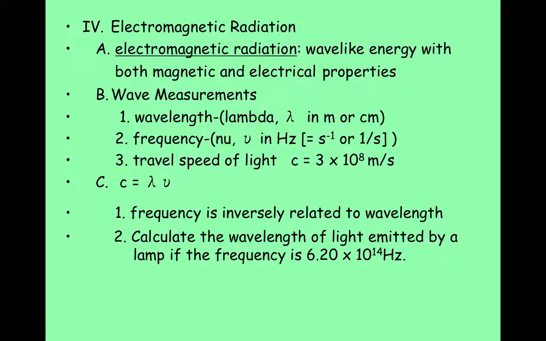So you can see the unit there. The symbol is actually called nu. It looks like a V, but it's not. It's a Greek letter. It's measured in hertz. And what does a hertz mean? It means 1 over seconds, or how many waves per second. And so sometimes it's designated as seconds to the negative 1 or 1 over seconds.